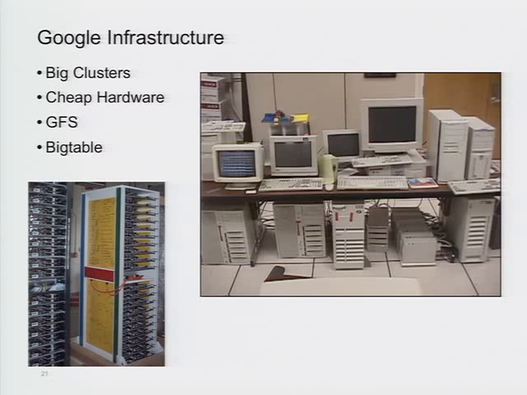We used to say commodity computers. They're not strictly commodity. You're not buying them from Dell or anything. But they're certainly not the beefiest servers that money can buy. On top of that, we have our layers like GFS and BigTable, which I'll talk about.